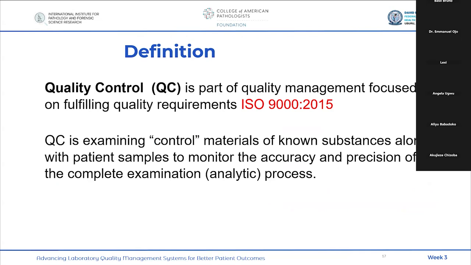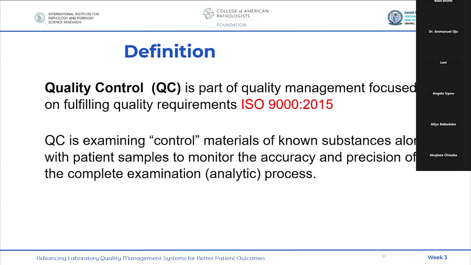And looking at the ISO definition of quality control, according to ISO 9000, the 2015 ISO 9000, for the sake of emphasis, is actually the model of all the QMS ISO standards, and is the one that gives the definition of most of the terminologies used, even in ISO 15189, ISO 15190, 17025, and every other ISO standard related to a laboratory system.